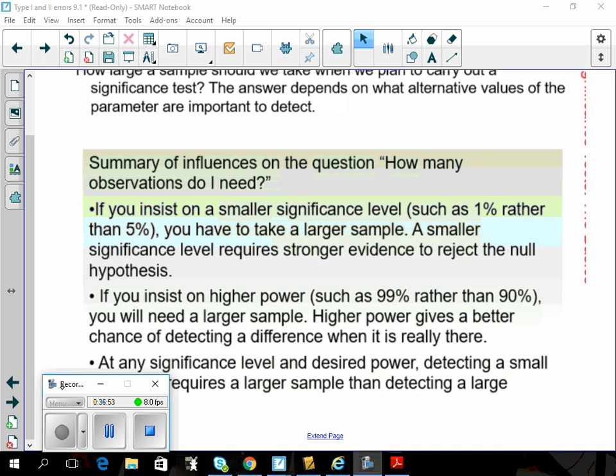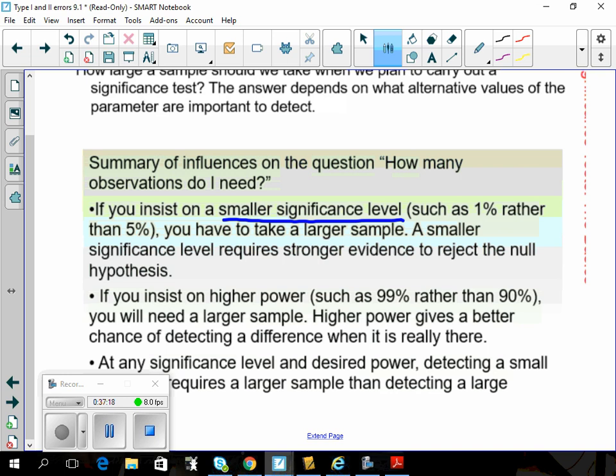But one of the questions you would ask yourself is, how large of a sample do I need? And that's an important question. So if we want a small significance level, which is what we want, 1% rather than 5%, typically you want a small significance level, you have to take a larger sample.